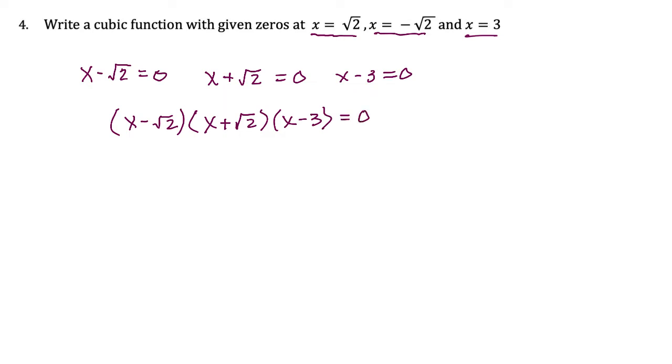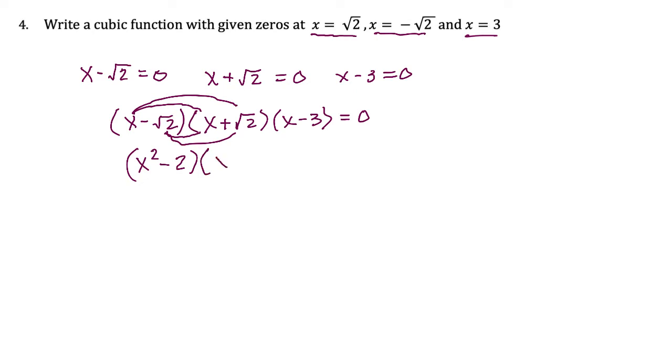Now you're going to multiply these first two, so that's going to give me x squared. And then if I multiply the outer and the inner, those are going to cancel each other out. And then multiply the last, that's going to give me minus 2. So that's the first two parentheses multiplied together.